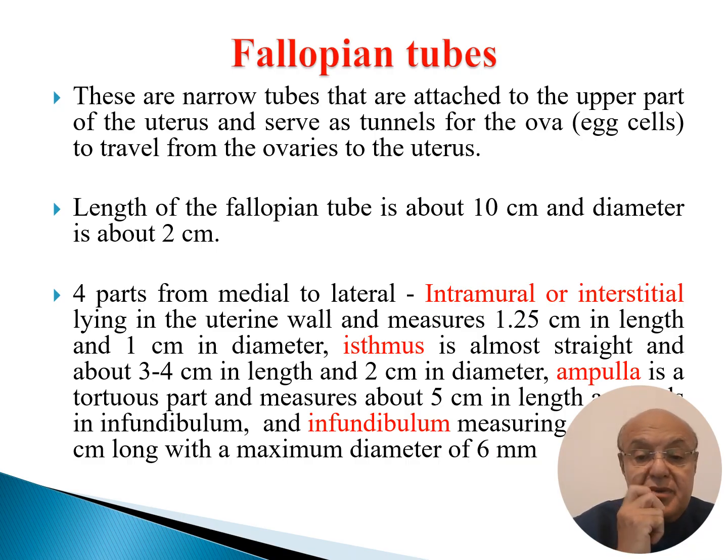So ovary to fallopian tube, and then the egg stays there for about 24 hours waiting for fertilization by sperm. And if fertilization doesn't happen, this egg will disintegrate into the peritoneum.